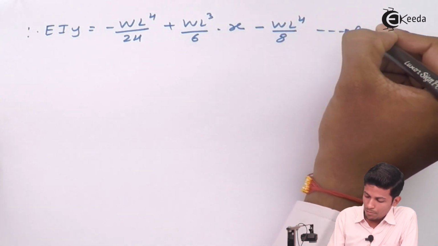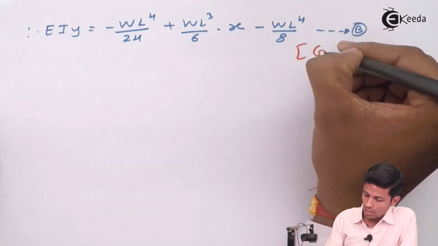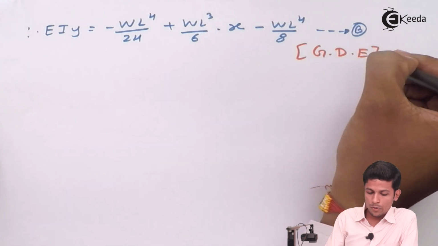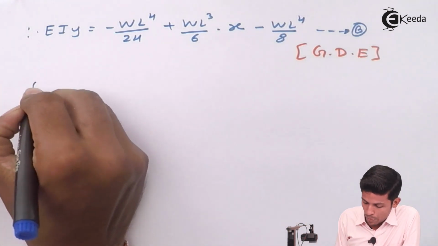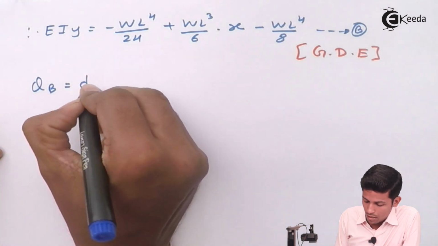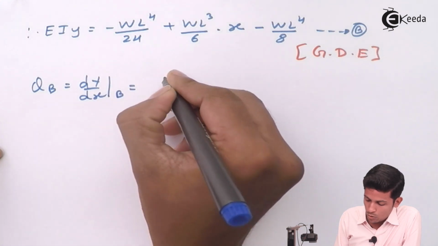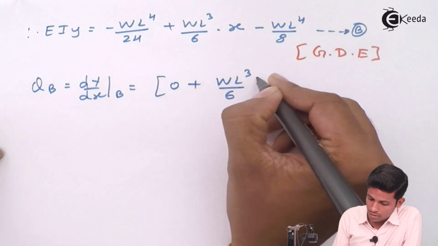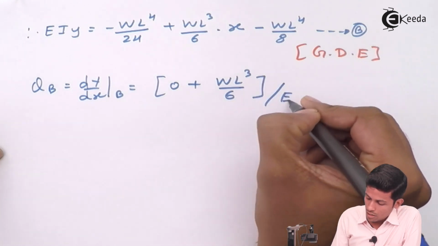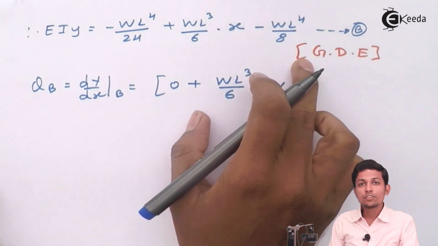This is nothing but the general deflection equation. Now in the question you have been asked to find the slope at B, dy by dx at B, which is equal to 0 plus WL raised to 3 upon 6 upon EI.